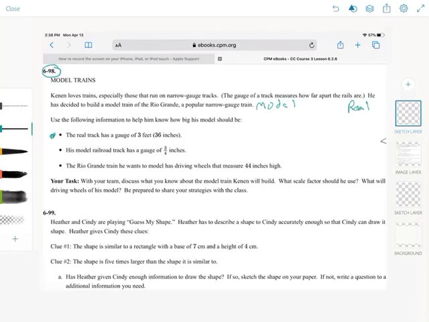So if the real train track is 36 inches apart, and the model train track is 3/4 inches apart, and we know that they're proportional, how do we figure out the scale factor?